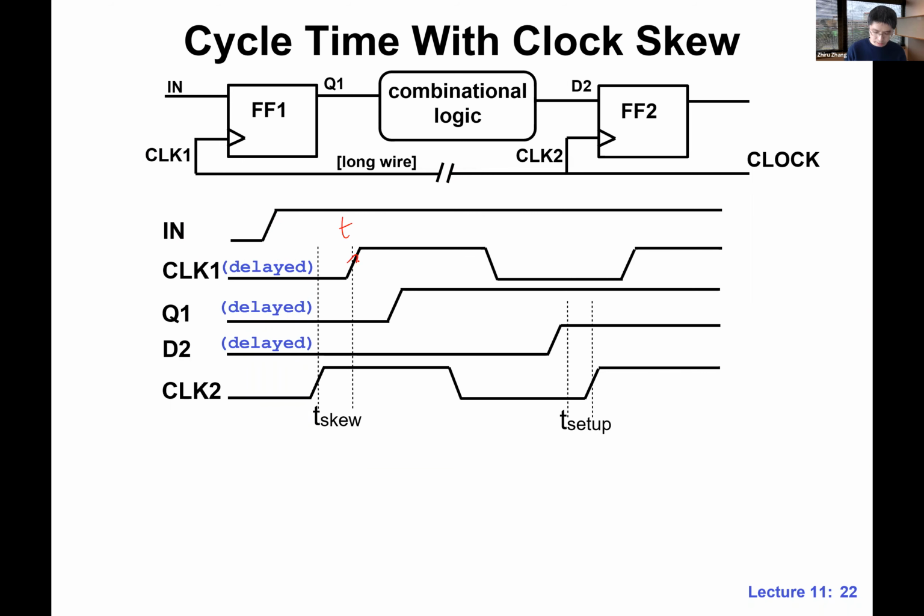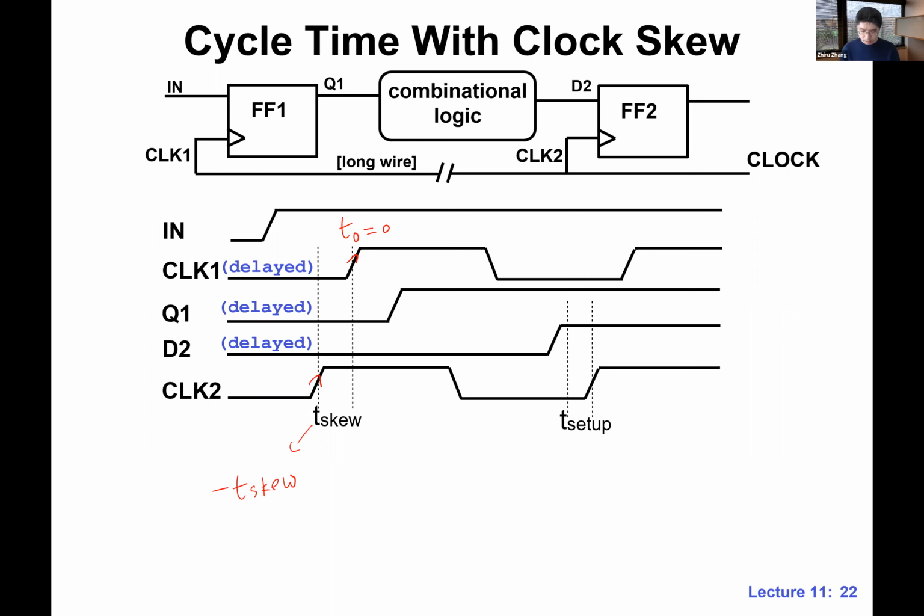Let's use this edge. Assuming this one is my reference clock 1. So let's say T0, this is my reference time. It's 0 here. Okay. So what is this clock edge? What is this point? Let me know. Okay. This is minus T skew, right?